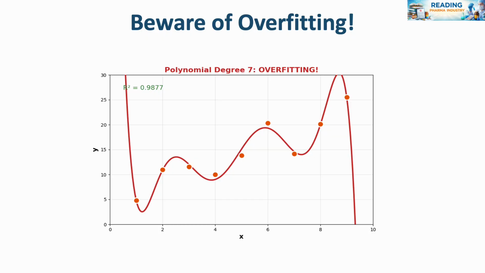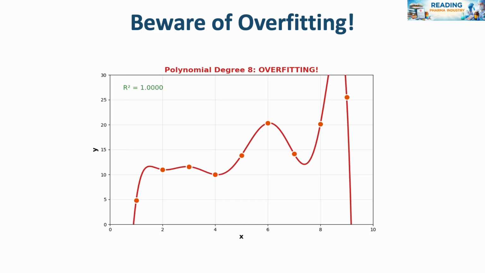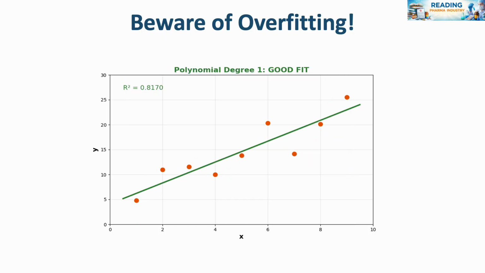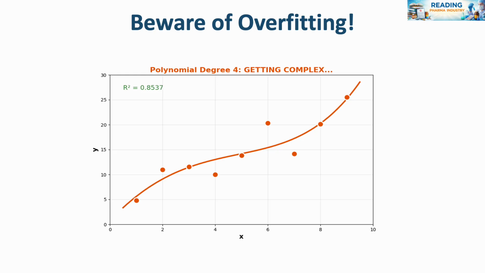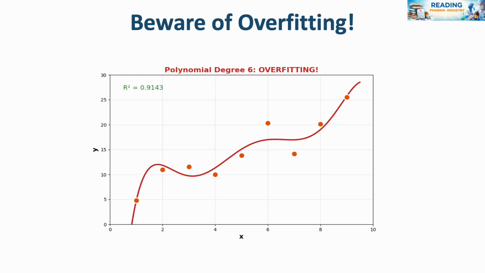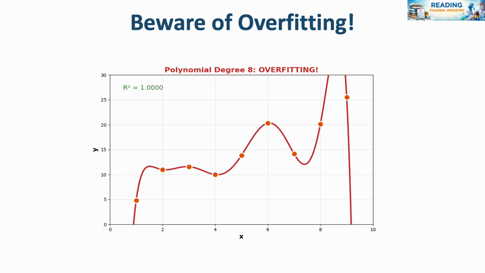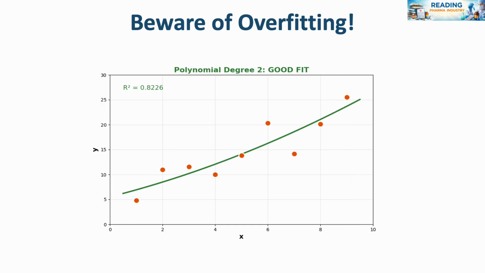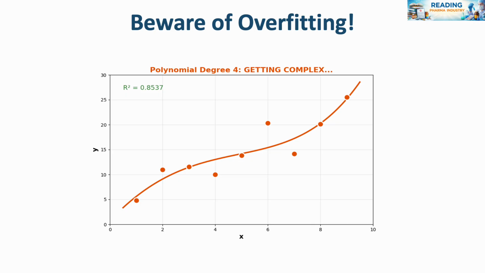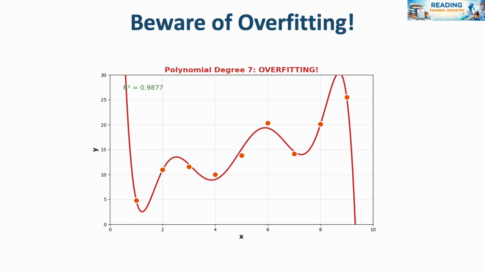But between points it wiggles crazily, so in that case the predictions are terrible. So more parameters in your model doesn't always mean it's better. So always remember to use the simplest model that will capture the true pattern of your data.